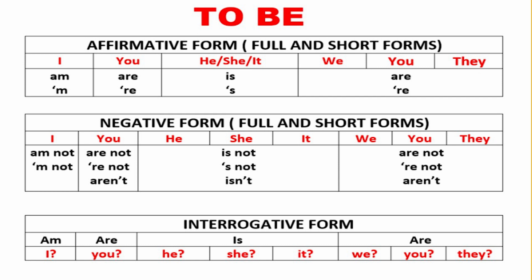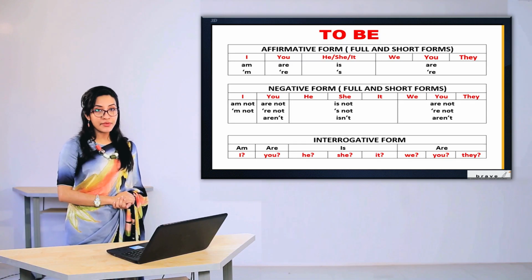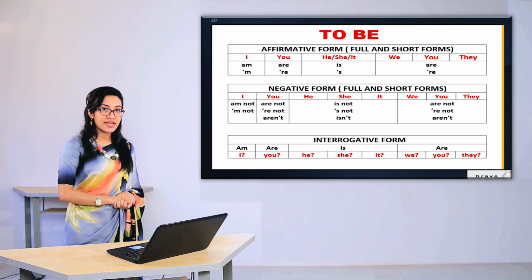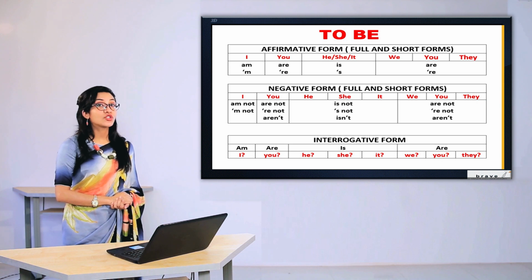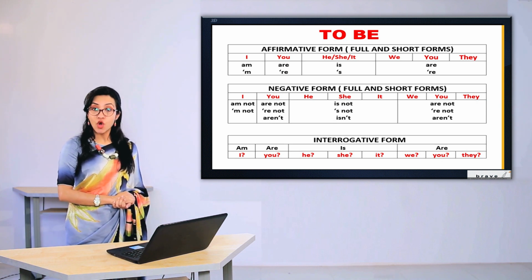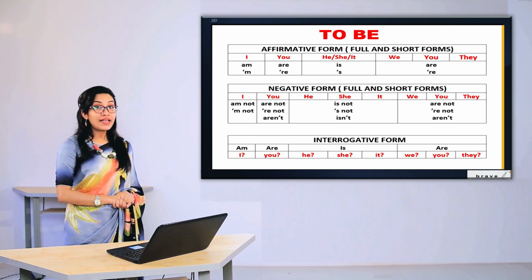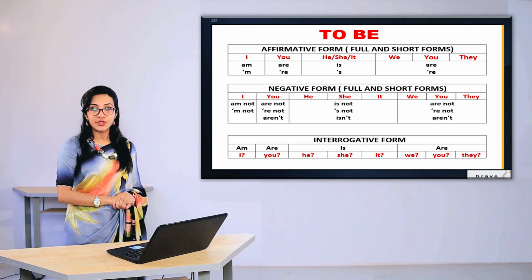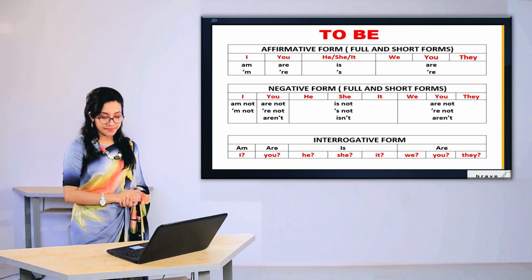In case of plural, we can say are we, are you, or are they. So it's very simple. In case of affirmative, you have to use the subject and then the be verb. In case of negative, you're going to use not after the be verb, and in case of interrogative, you're going to use the be verb at the beginning.